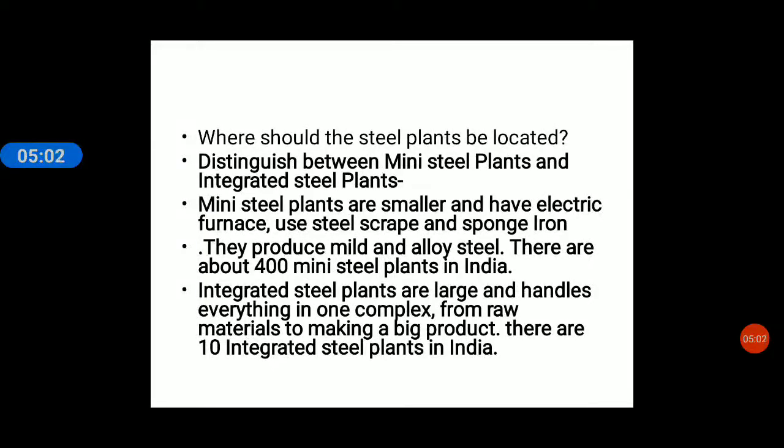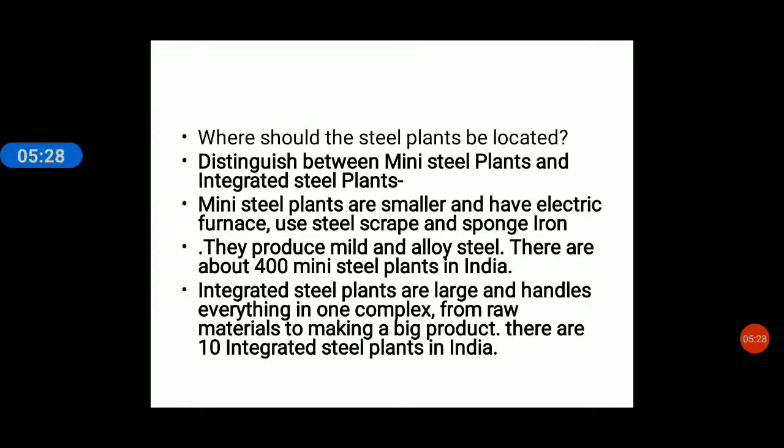Mini steel plants are smaller and they have electric furnaces. The smelting of iron ore is done with the help of a high variety of coking coal, right? But in mini steel plants, for melting of the metals, electric furnaces are used.